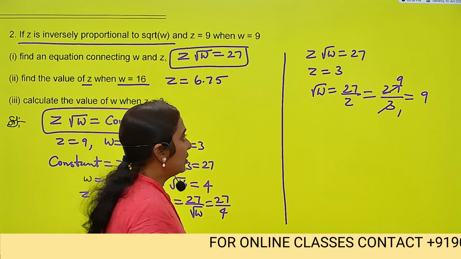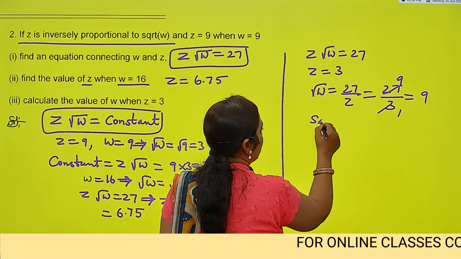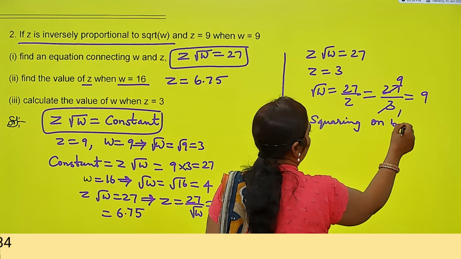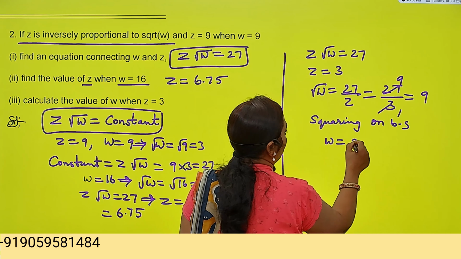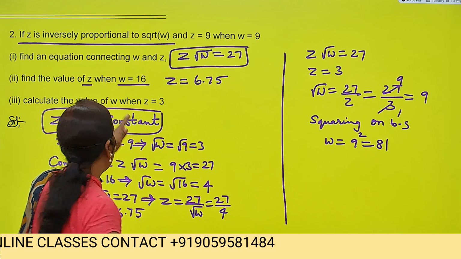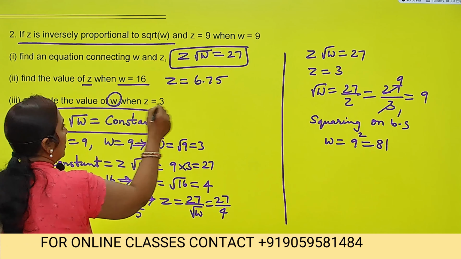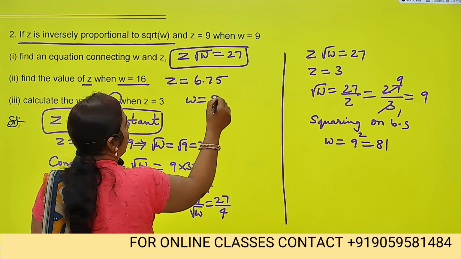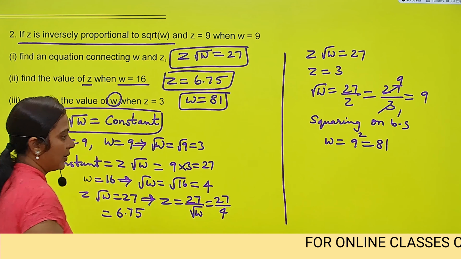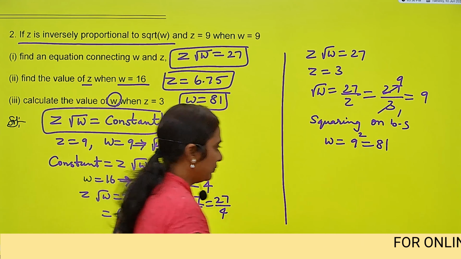Root w equals 9. Squaring on both sides, w equals 9 square, that is 81. What is the calculated value of w? The w equals 81. Okay. This is the way. Okay. Next problem.